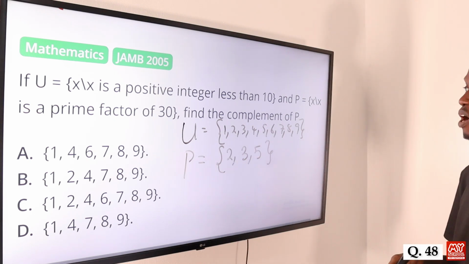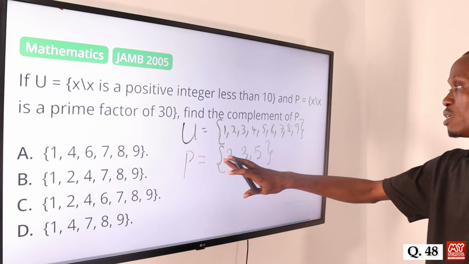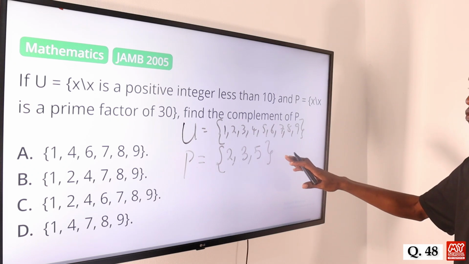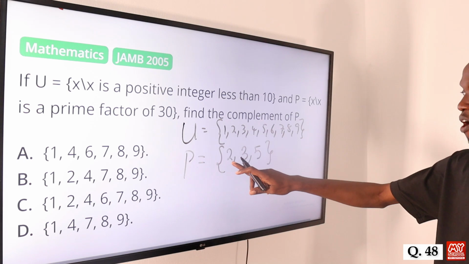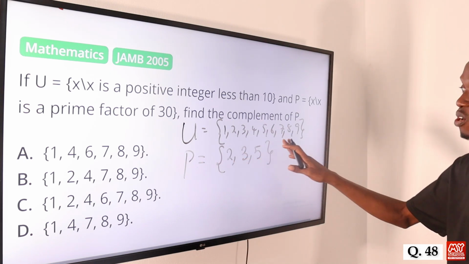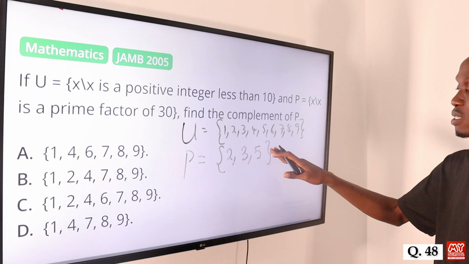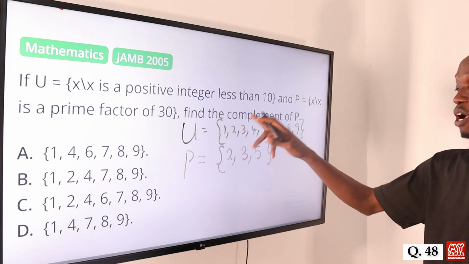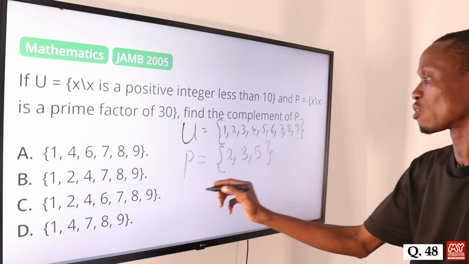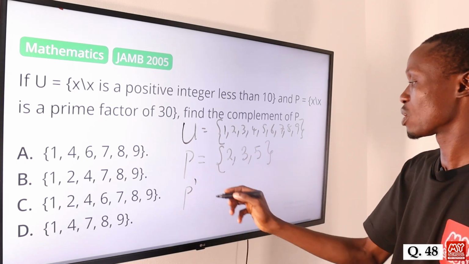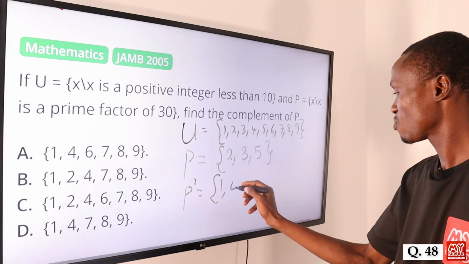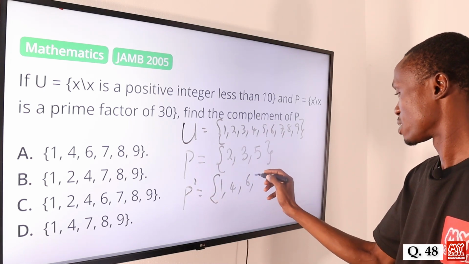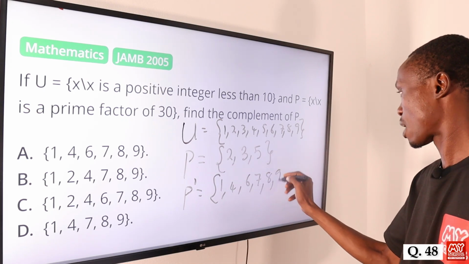So here we are asked to find the complement of P. The complement of P simply means all the elements that can be found in U that are not in P. In P we have 2, 3, and 5. So we need every other element that we can find in U that is not in P. P complement is written like this, P prime, and that will be equal to 1, 4, 6, 7, 8, and 9.